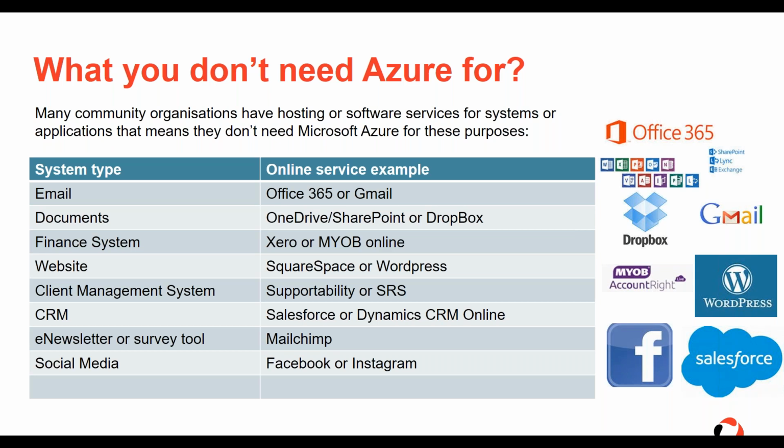So instead of just picking that file server up with Exchange on it, with files on it, with MYOB on it, and putting it in Azure, we actually look at each of those applications and go, well, actually, put your email in Office 365, put your files in SharePoint, and put MYOB in MYOB Online, and you don't need a server, and you probably don't need Azure. You may still need backups or some other service, but it's important to look at that.